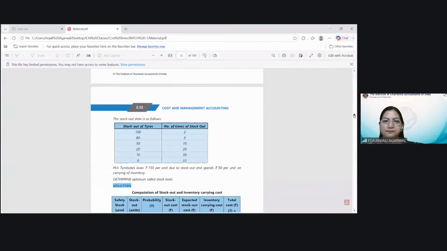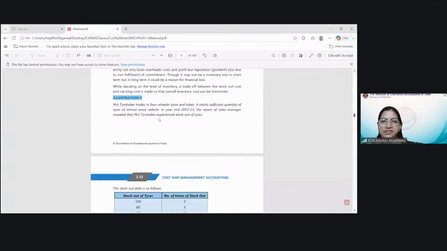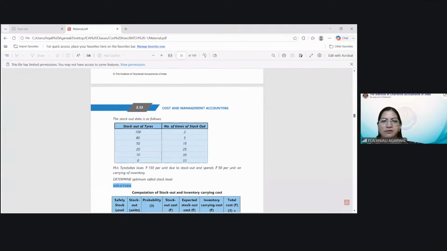This was the illustration 7 I was talking about. So you can see stock out of tires, how many times out of 100? Stock out of tires by 100, 2 times. So the risk is 2%. You will be stock out by 80, 5 times. So 5%.